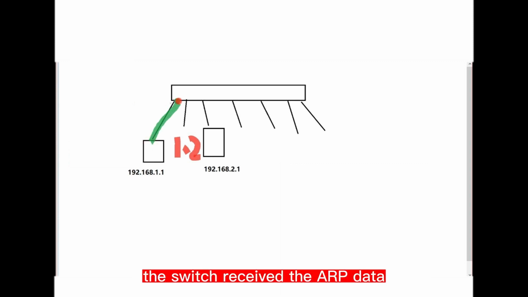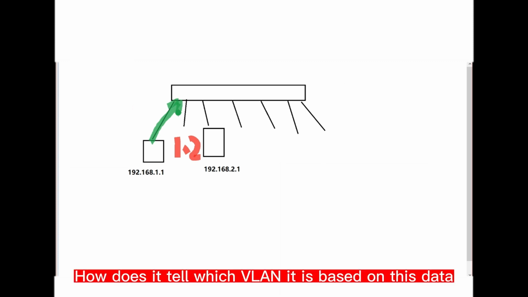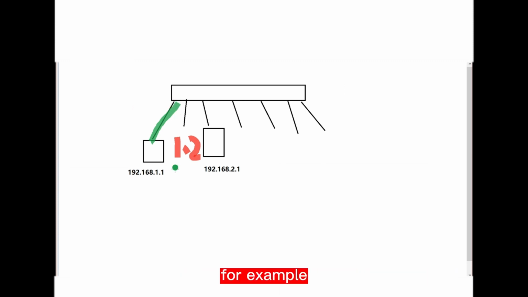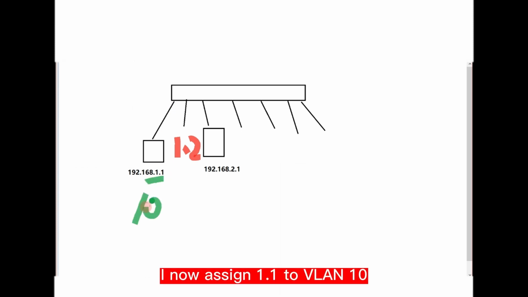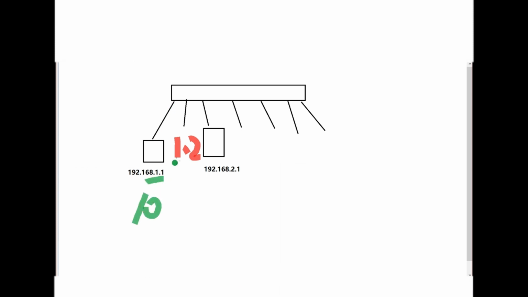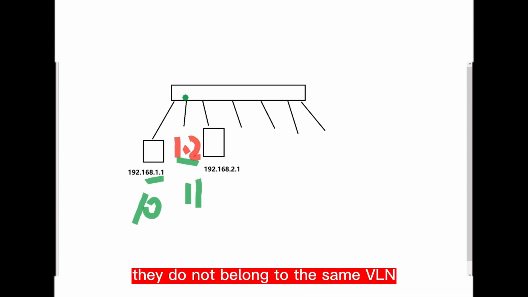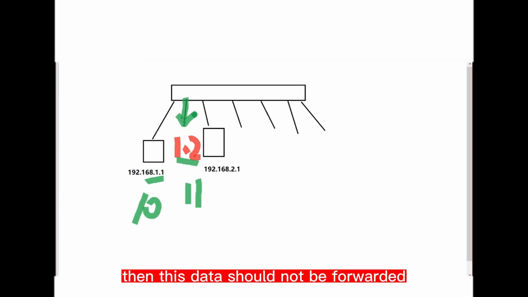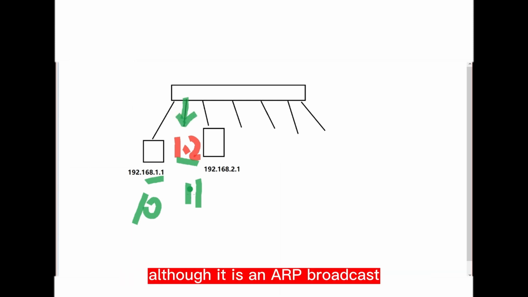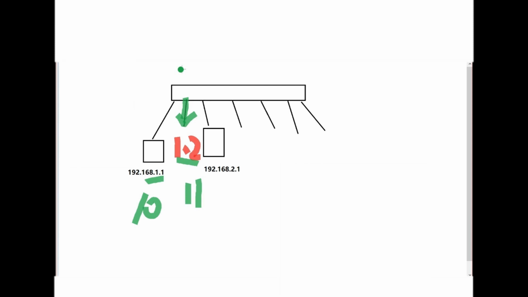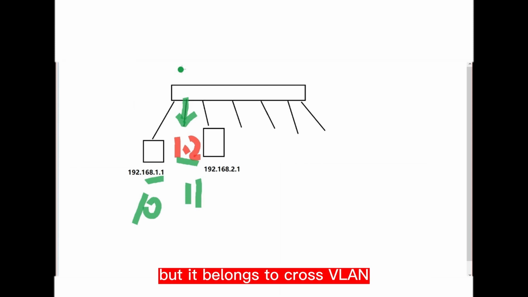The switch received the ARP data. How does it tell which VLAN it is based on this data? For example, I now assign 1.1 to VLAN 10 and 1.2 to VLAN 11. They do not belong to the same VLAN. Then this data should not be forwarded, although it is an ARP broadcast, because it belongs to cross VLAN.